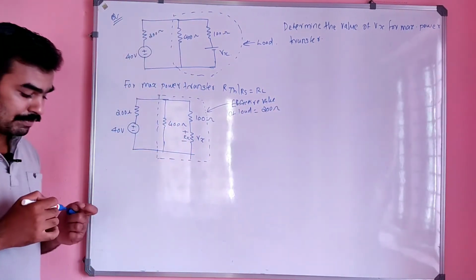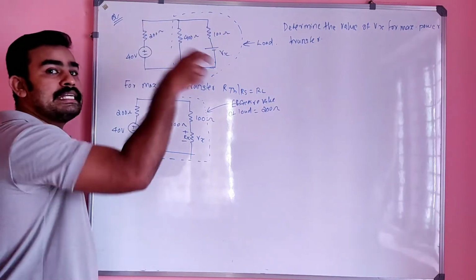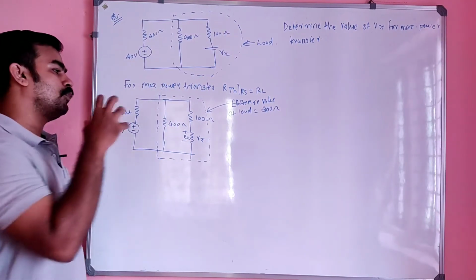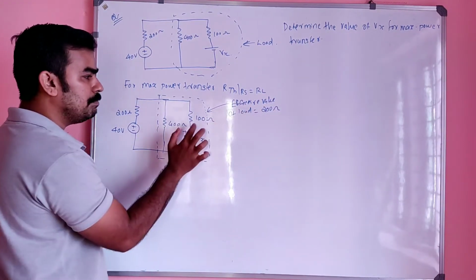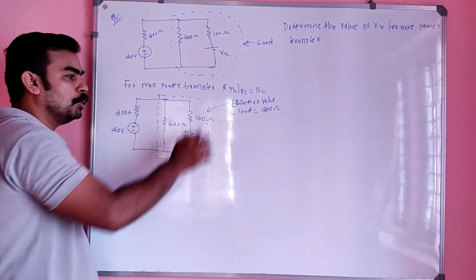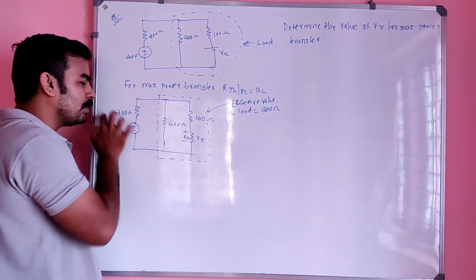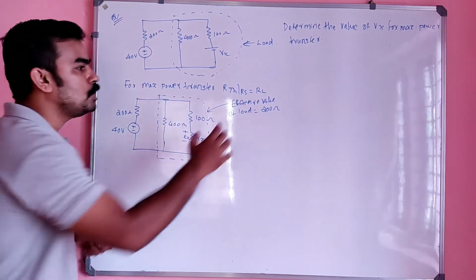Then only the maximum power transfer theorem will be applicable. For maximum power transfer, the effective value of the load will be equal to this same 200. Then only RS or R Thevenin will be equal to RL, which means the whole load will be equivalent to what?